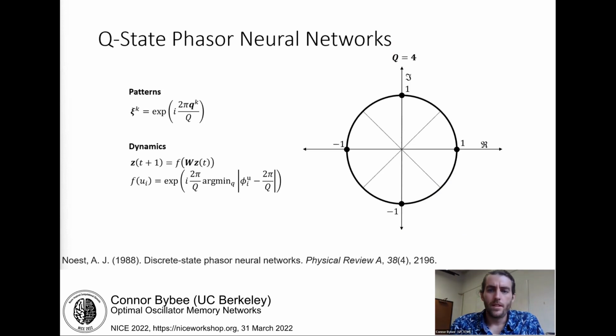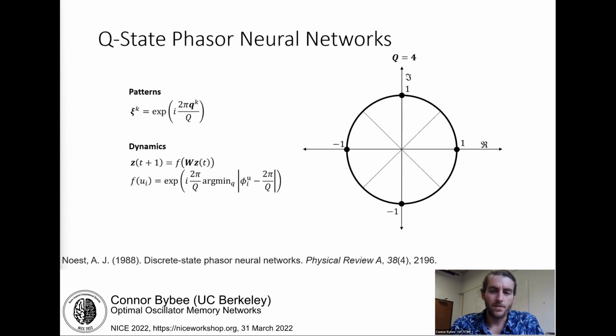So it goes to show that maybe there's a way to modify these complex representations to achieve a higher pattern capacity. So we'll consider phasor associative memories with a discrete number of states on the unit circle. Complex state space allows for an arbitrary number of these discrete states, represented as phases of complex valued phasors.